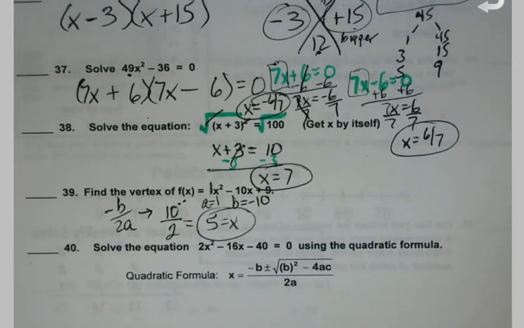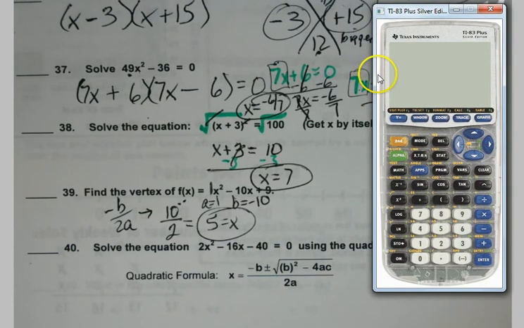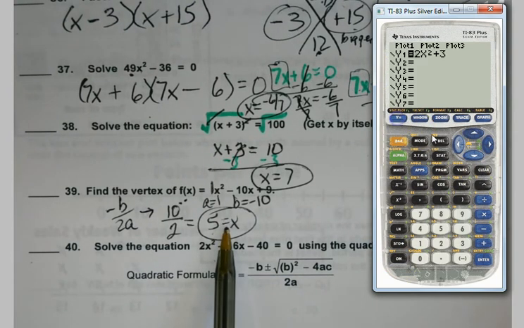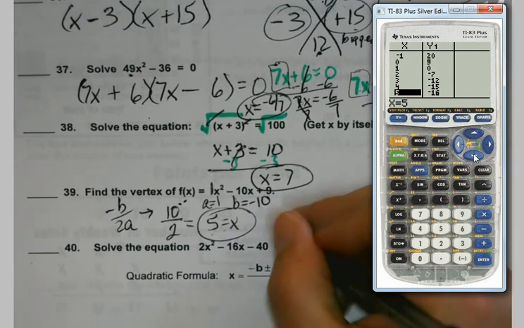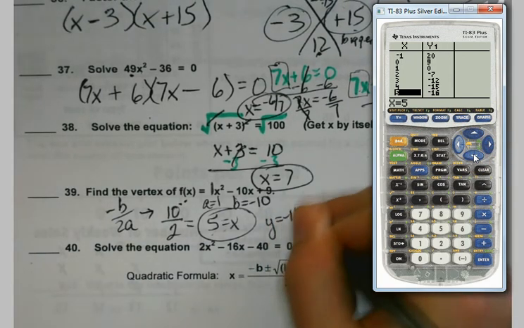Now let's use the shortcut we talked about before, because we did not use that last time. I just showed you. So here's how this would work. If I know my x value for my vertex is at 5, and I type in the equation x squared minus 10x plus 9, and bring the table up, when I go down to where x equals 5, they will tell me the y value.